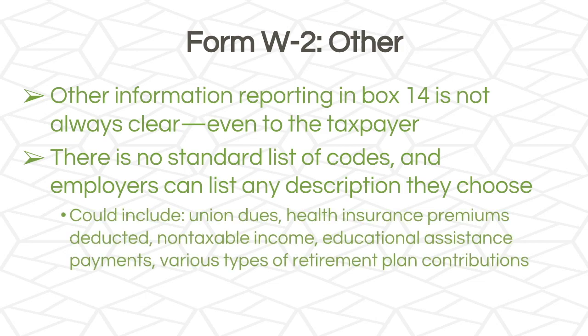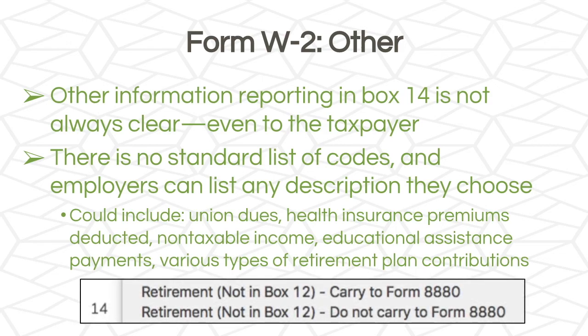And these will include things like union dues, health insurance premiums deducted, non-taxable income, educational assistance payments, various types of retirement plan contributions. And there are more details in the Site Coordinator Handbook regarding which Box 14 codes might qualify for the Retirement Savings Contribution Credit.